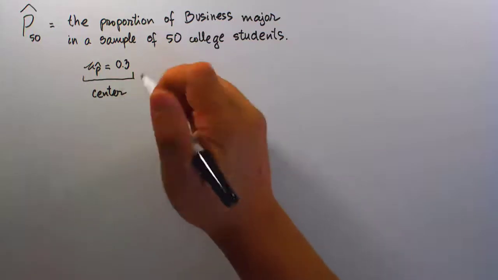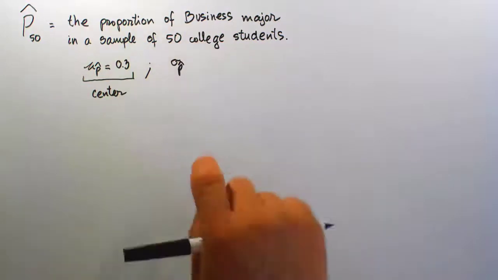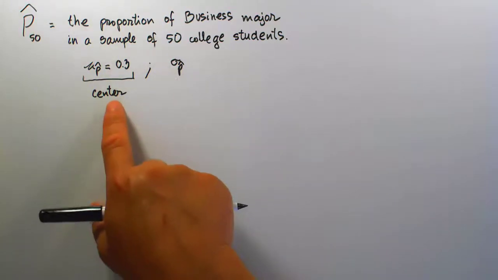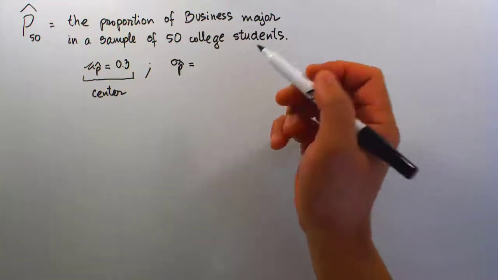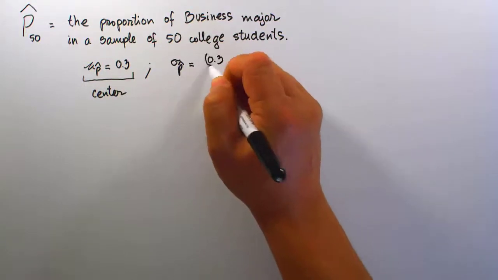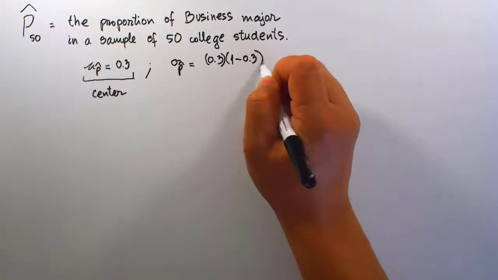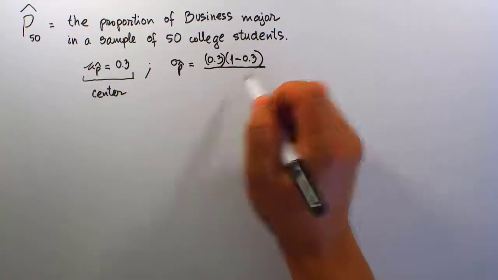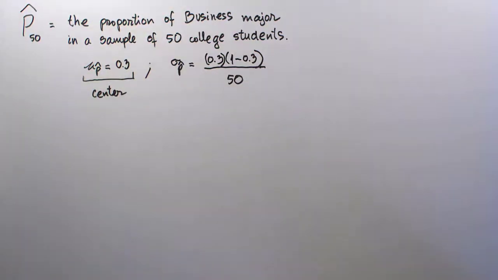Then the next thing, as usual, is to look for the average spreading of all these sample proportions. How much on average are all other sample proportions spread away from this found center? The central limit theorem gives us a way to calculate this. From our known population proportion, we multiply by 1 minus 0.3, and we divide this product by the sample size. This time we switch to a different sample, and our sample size in each sample is now 50, so I'm putting 50 in the denominator.